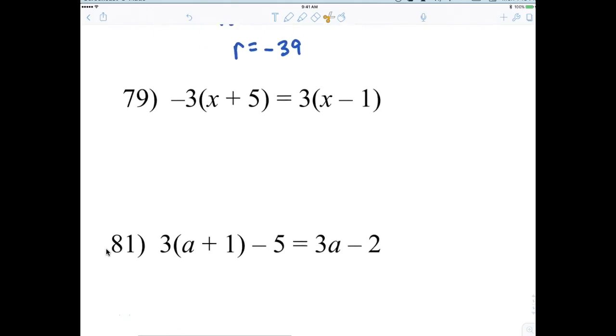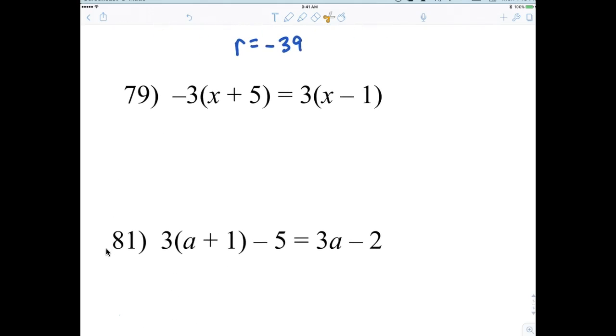So let's try 79. Distribute real quick. So far, so good. Now we're combining terms, right?